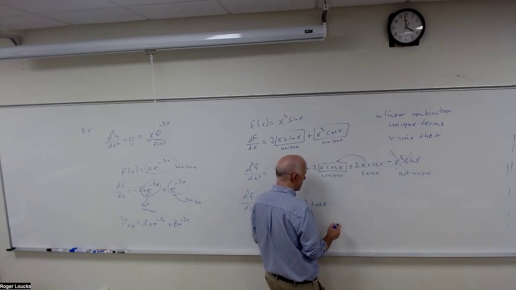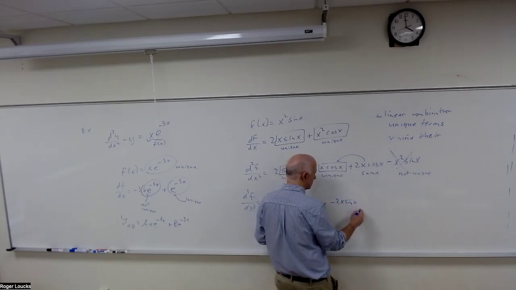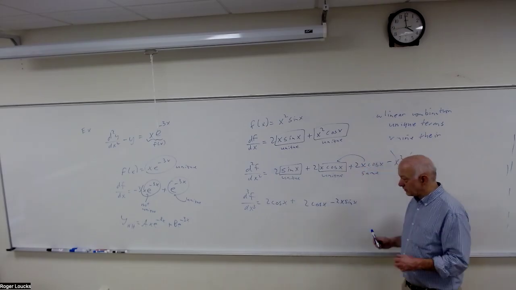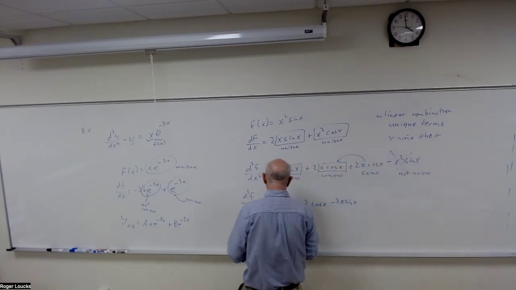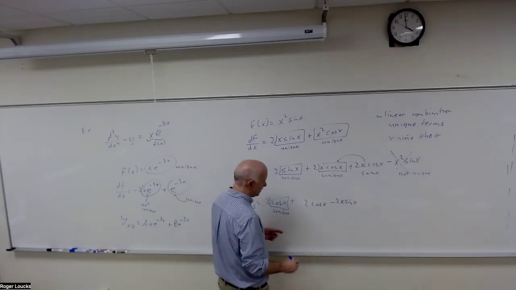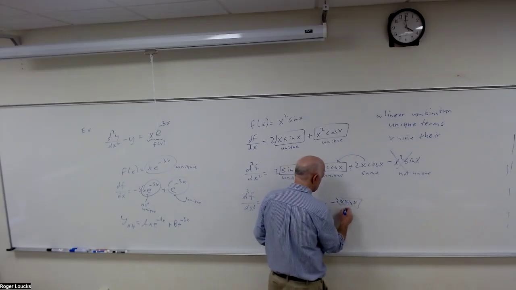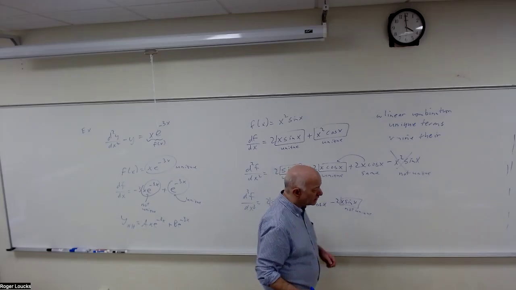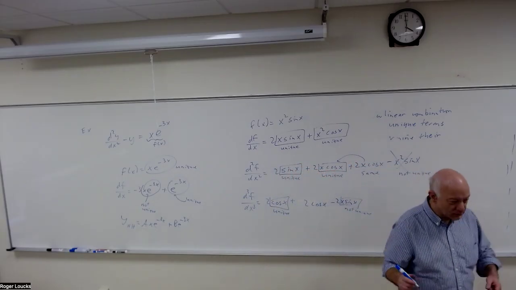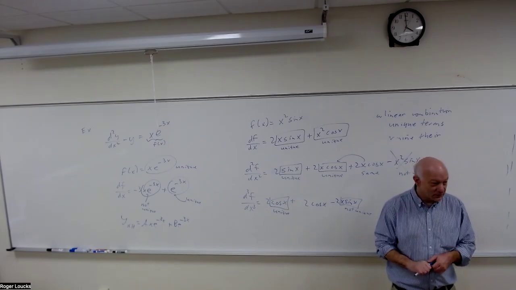Then minus 2x sine of x, and that's the same thing as this guy here. Okay, this is unique. This is unique. This is not. Does it go on infinitely? I keep on differentiating the unique pieces, and then no, it stops.